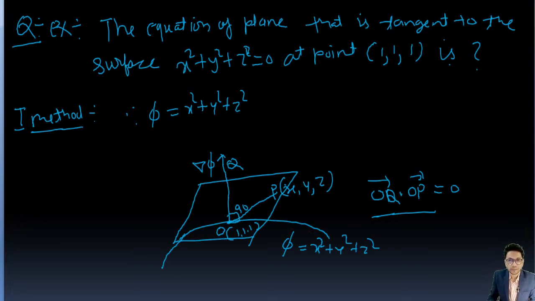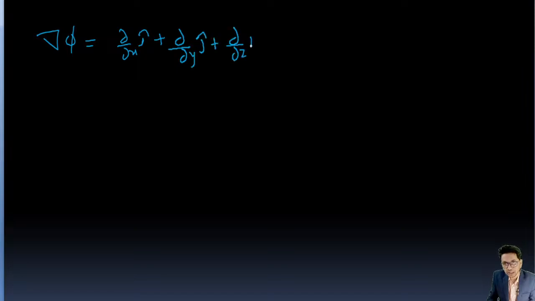So now we'll find the gradient of phi. That is going to be del over del x i cap plus del over del y j cap plus del over del z k cap, acting on phi.